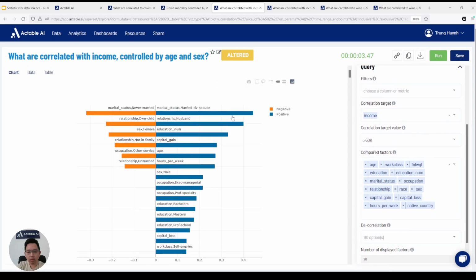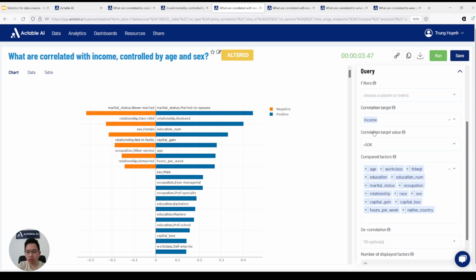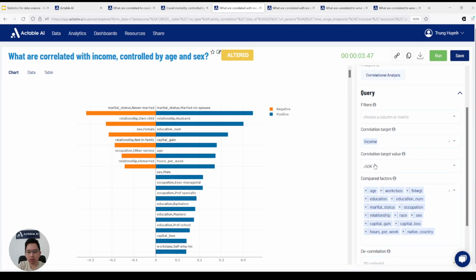Here is another example of correlation. We show the correlation of different factors, from age to gender, race, relationship, etc., with whether someone has an income of more than $50,000. We see that someone who is never married is negatively correlated to earning more than $50,000, and if someone has a higher education number, then they're more likely to earn more than $50,000.